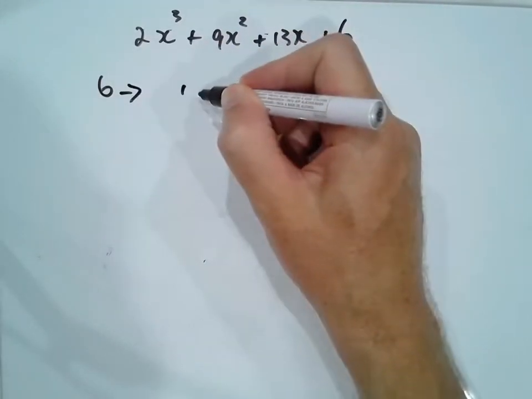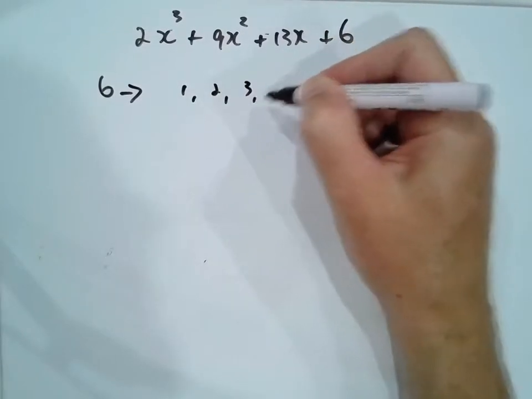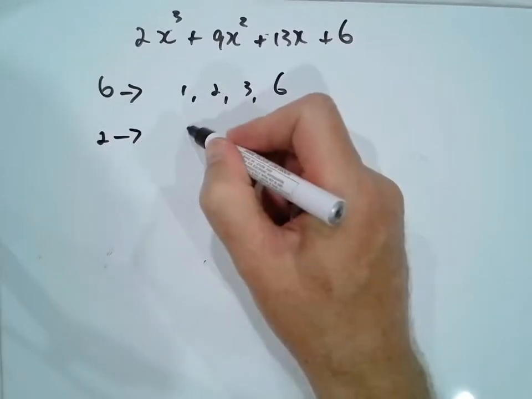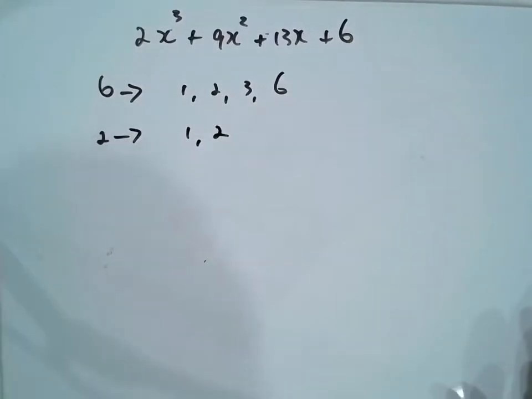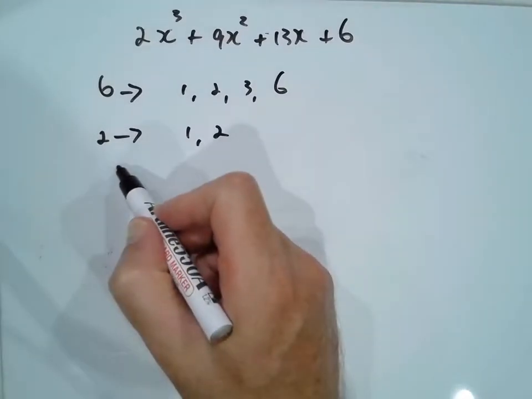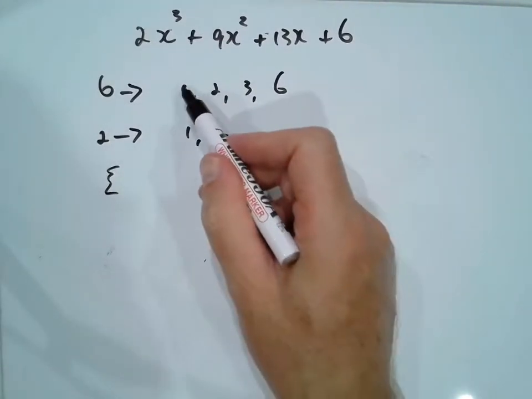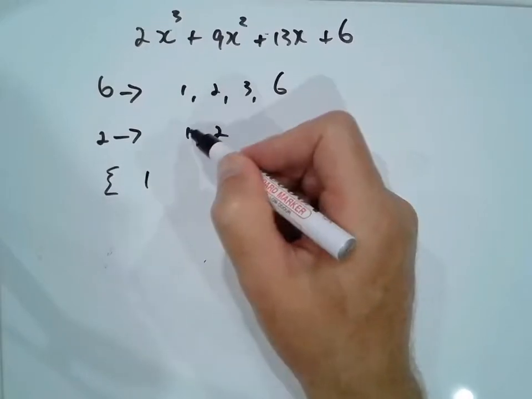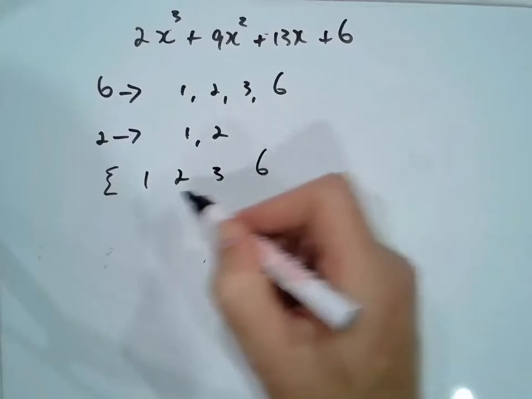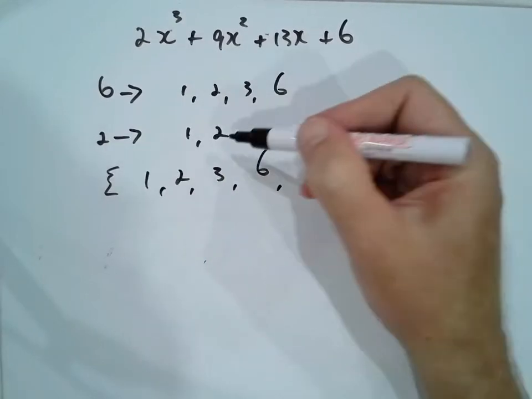And what are the factors of that? And then we're going to get our coefficient. And here our factors are 1 and 2. So here we've got more combinations. So our potential factors will start with 1 divided by 1, 2 divided by 1, 3 divided by 1, 6 divided by 1. Then we've got to divide by 2.